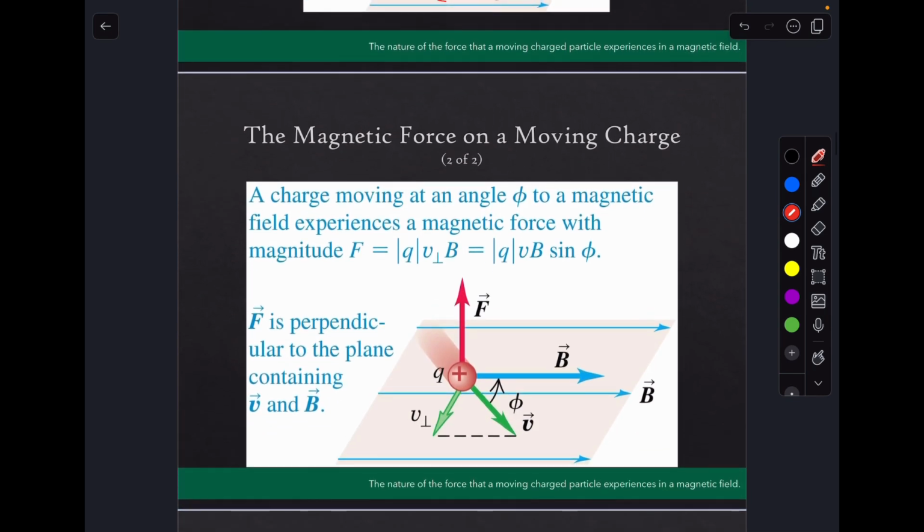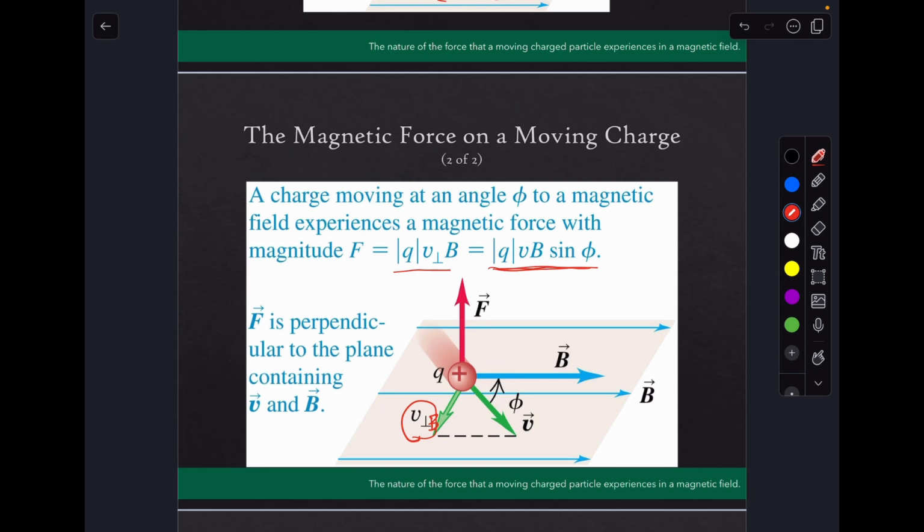So the only time a charged particle feels a magnetic force is when it has a non-zero velocity and some portion of that velocity is perpendicular to B, okay? So those are the two conditions. And those two conditions, they're kind of looking familiar, right? It's looking like a cross product, all right?